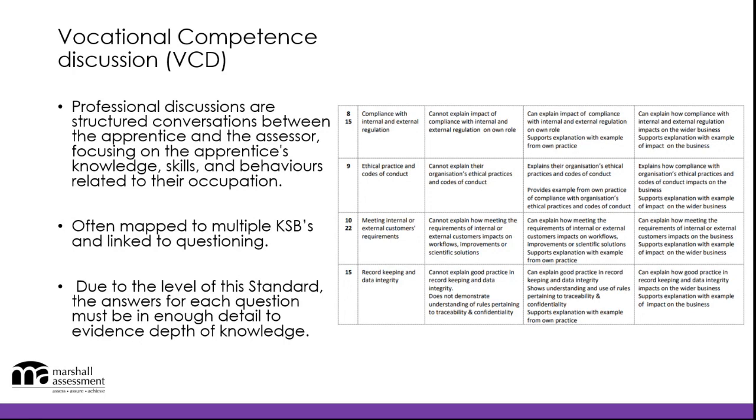Now, the vocational competence discussion rules allow you to take evidence, which is your portfolio, into this conversation with you. Now, it is a timed event, so you will not be given huge amounts of time on every area that needs to be discussed. To give you an example, your endpoint assessor is told that they need to ask you a set number of questions, of 8 questions.